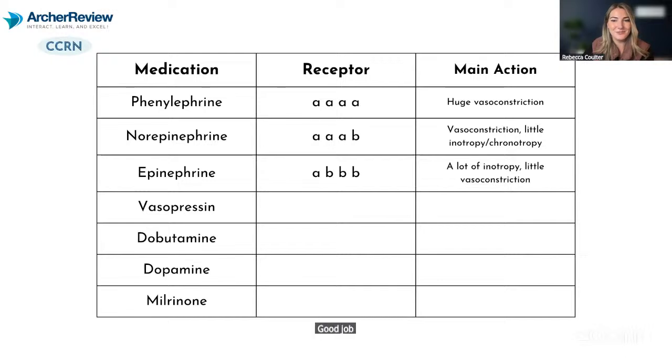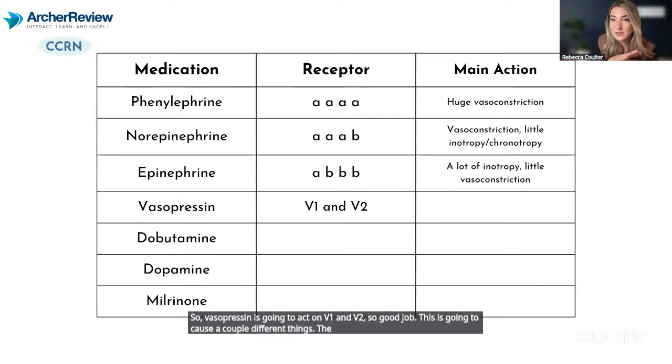If you've answered, you're right. So vasopressin is going to act on V1 and V2. This is going to cause a couple different things. The other name for vasopressin that we can use is antidiuretic hormone, right?